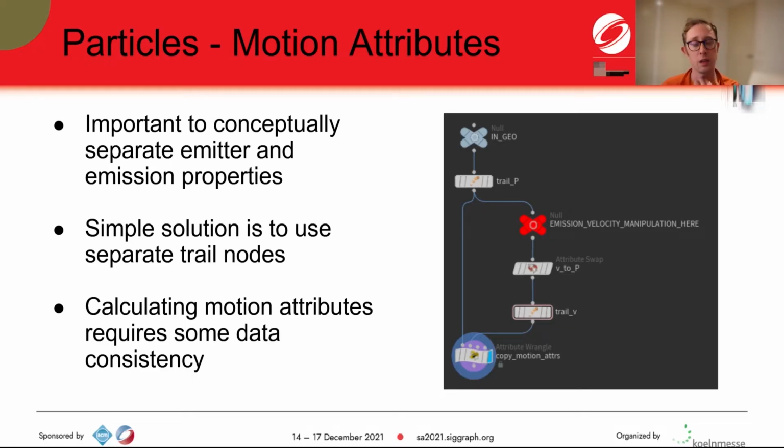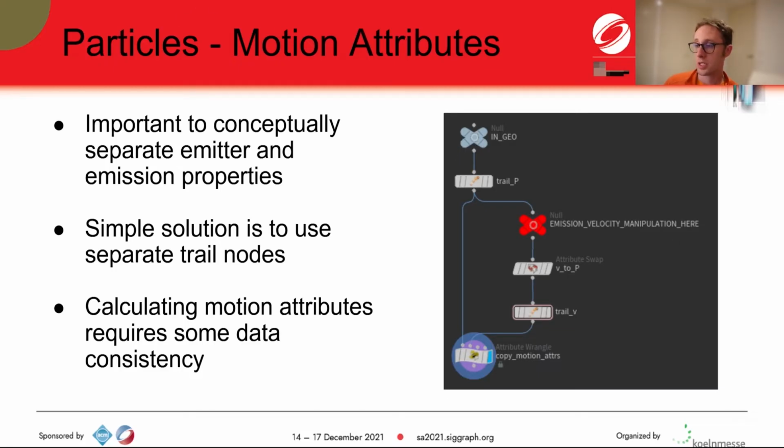So if you imagine a train grinding its brakes and sparks are flying out of the side of the wheels, the velocity of the train is not the same thing as the velocity of the sparks. They may be related, but we are going to solve the motion attributes for both of those separately.